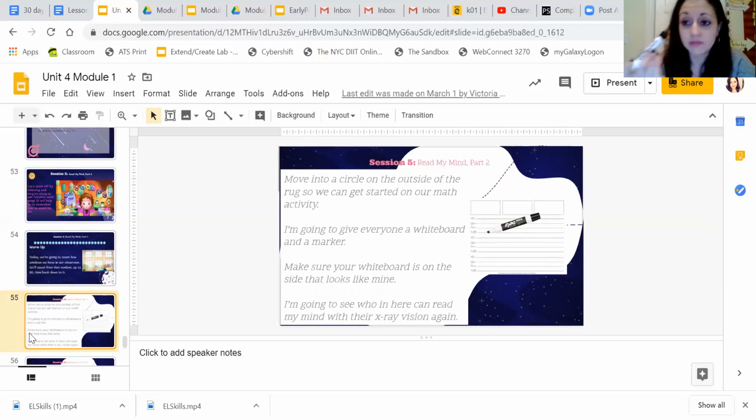And remember, make sure you use these types of markers so you don't ruin the whiteboard. And I actually have my own whiteboard here. I'm not gonna use this side, this is the white side. I'm gonna use the line side. And on your line side, or if you have paper, put it on the line side of the paper.